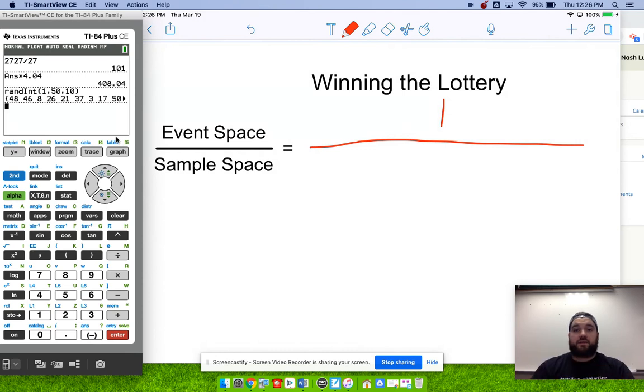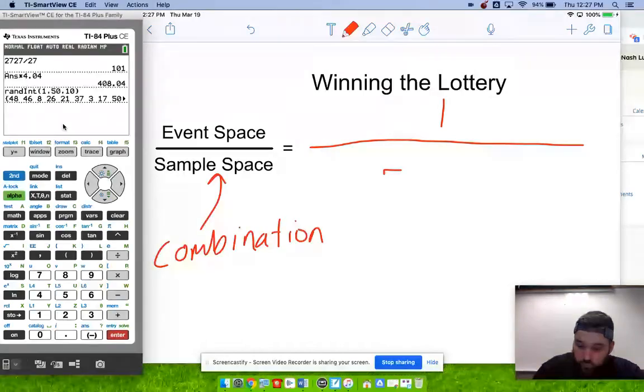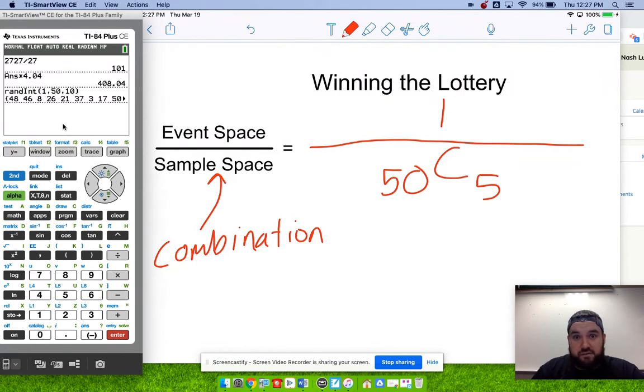What I mean by that is, if you picked the right 5 numbers, but they weren't in this exact order, does that mean you lose? And the answer is no. The order in which you pick the numbers doesn't matter. So that means I have a combination on my hands. How many numbers did you have to pick from? Well, it was from 1 to 50. So we have 50 numbers to choose from, and we have a combination of 5 of them.